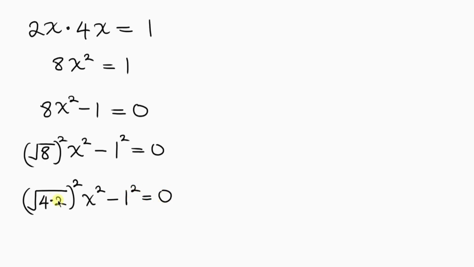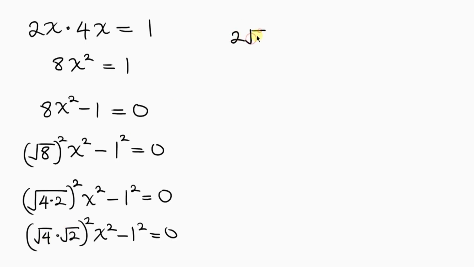And now from the property of surds, I can separate this to be the square root of 4 times the square root of 2. And this is raised to the 2, so I'm going to be raising this to the 2 times x to the 2. And then minus 1 squared is equal to 0. Very good. Now the square root of 4 is 2, so I'm going to be writing 2 times root 2, so times root 2.